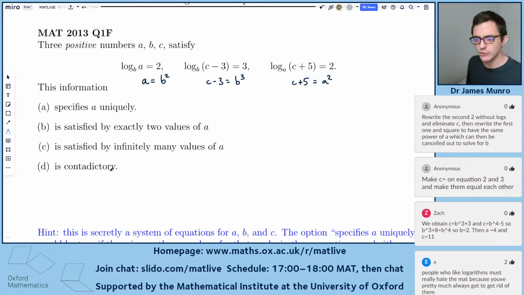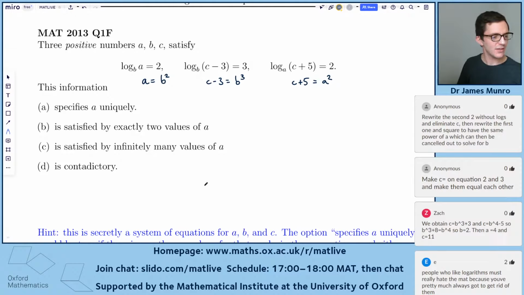The last one, contradictory, would mean there are no solutions for a, b, and c. It's a little bit complicated because we've got a and b and c going on. People in chat are telling us how to solve these equations, which is brilliant.